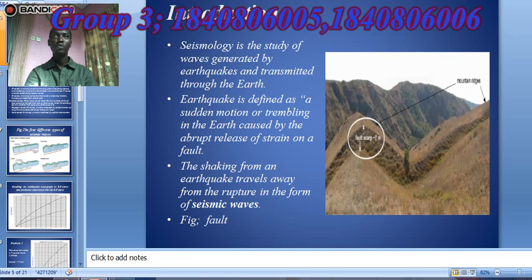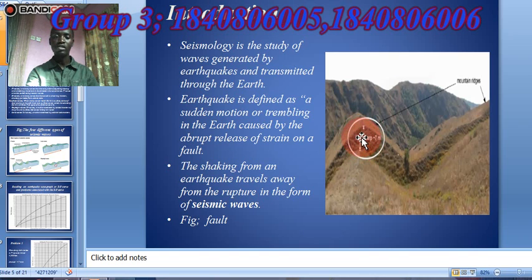So we are going to look briefly into some causes of an earthquake from the perspective of a fault. You can see here is a kind of fault. A fault is a sharp break in crustal rocks. Rocks near a fault tend to move in opposite directions.